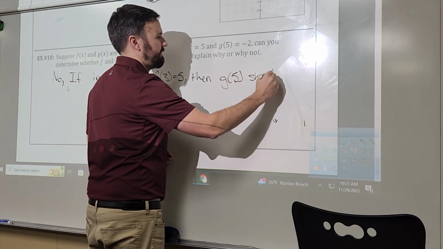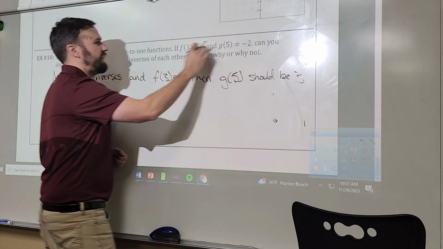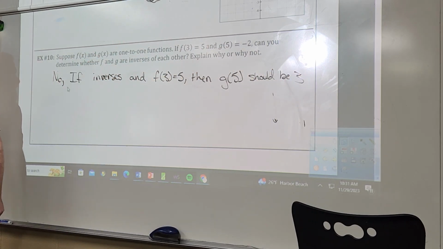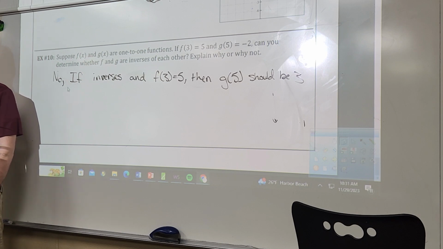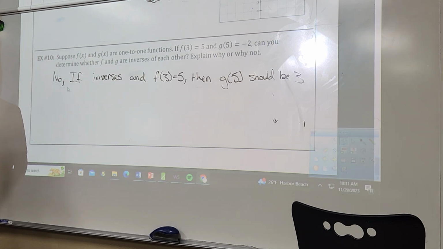Yeah. These have to be flipped of each other. Are they? No, because my x and y is not flipped. They're not inverses. I can say that definitively.